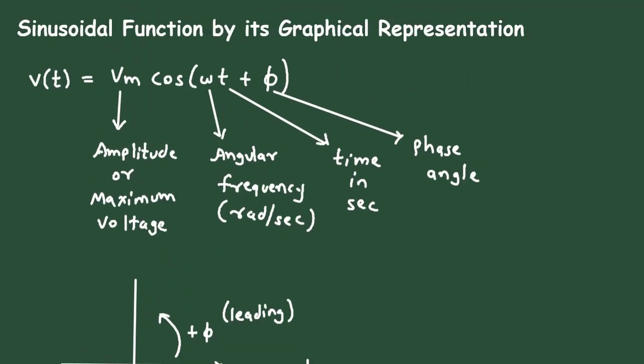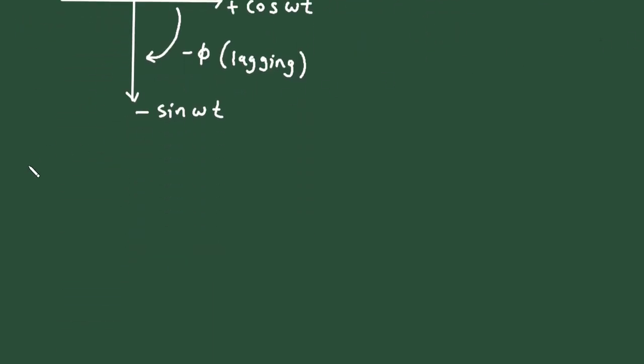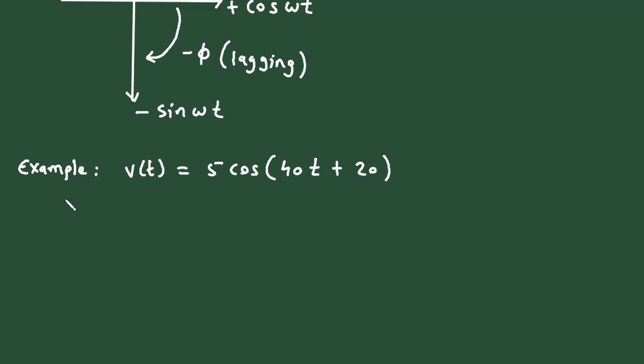Now let's understand this by an example. So let's take an example. v of t is equal to 5 cos 40t plus 20.